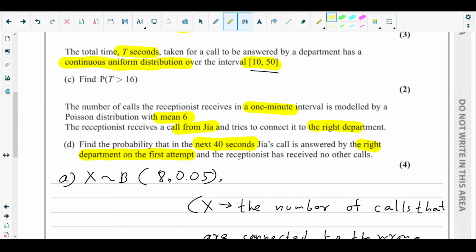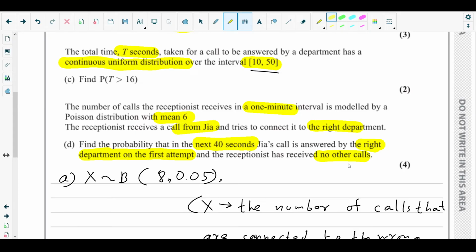This is one event, one independent event. Then it has to be accepted, answered by the right department. This is the second independent event. So we got 2 independent events. And at last, the receptionist has received no other calls. So 3 independent events together in a single question.